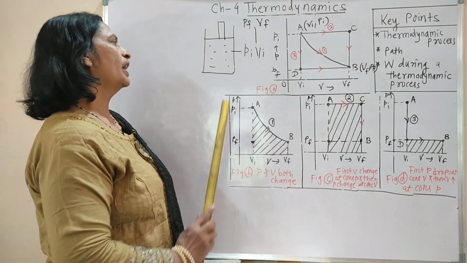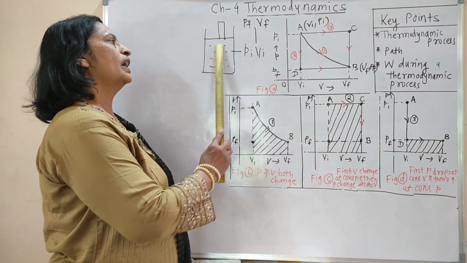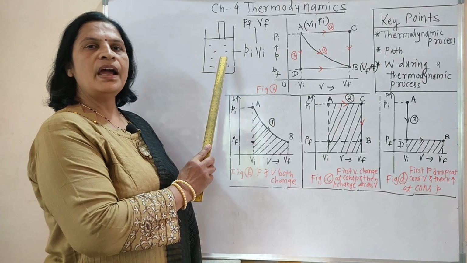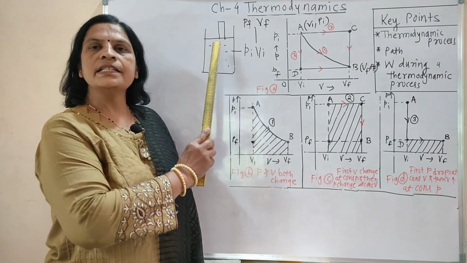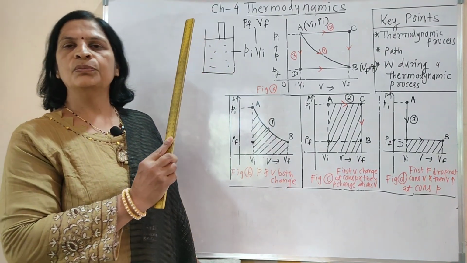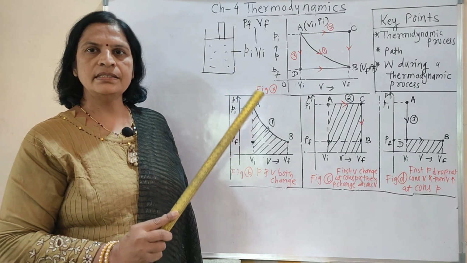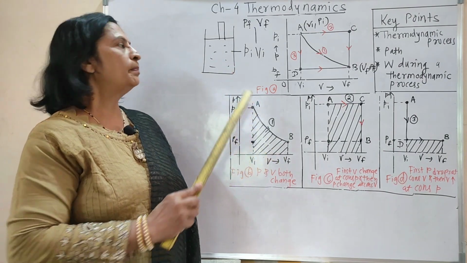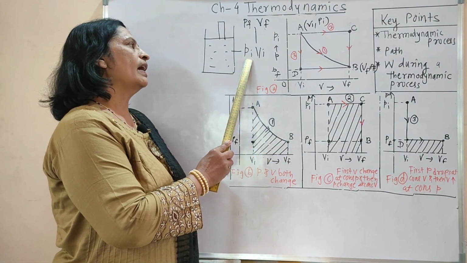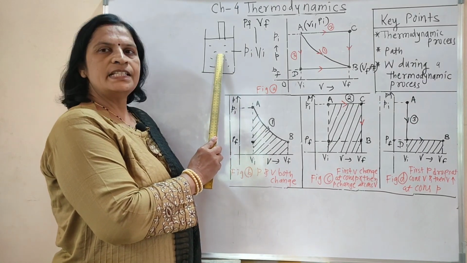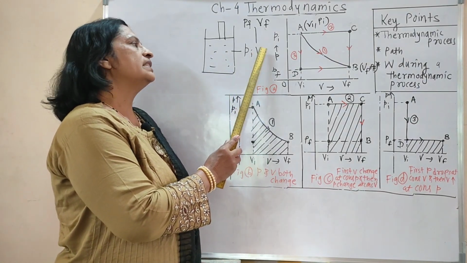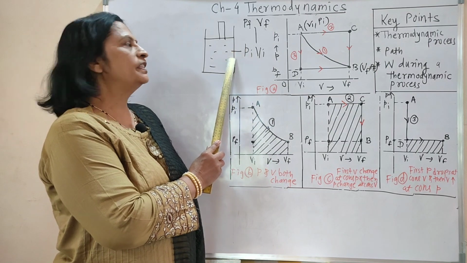Consider a thermodynamic system. In that system, ideal gas is there and that system is fitted with a movable, massless and frictionless piston. Pi is the initial pressure of this system and Vi is the initial volume of this system.